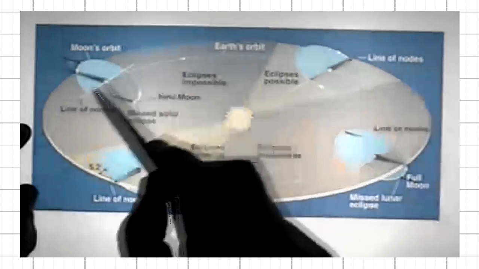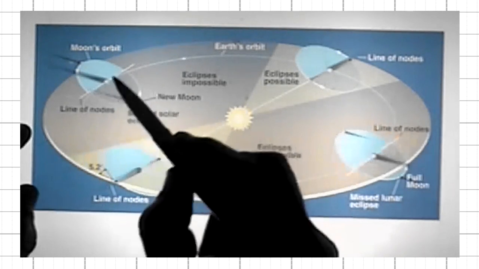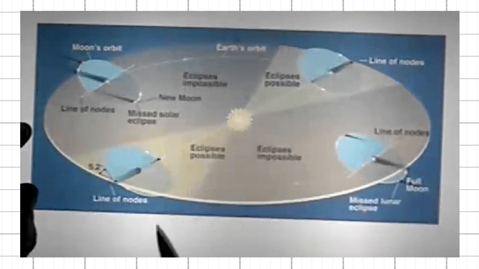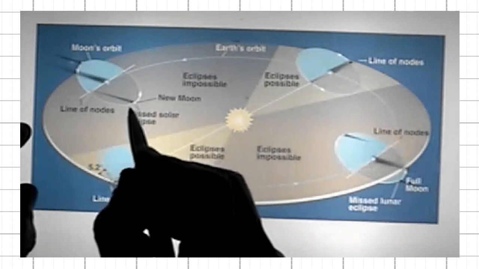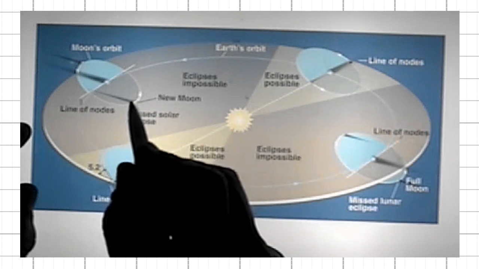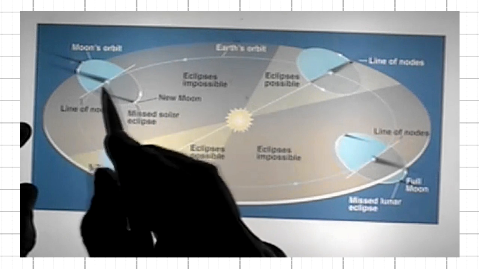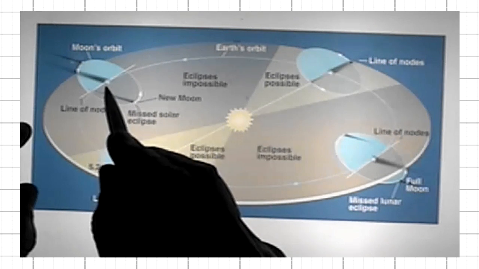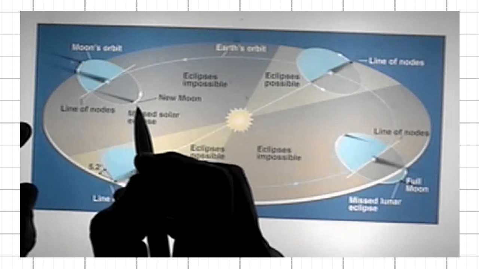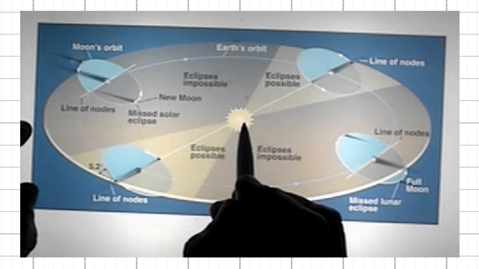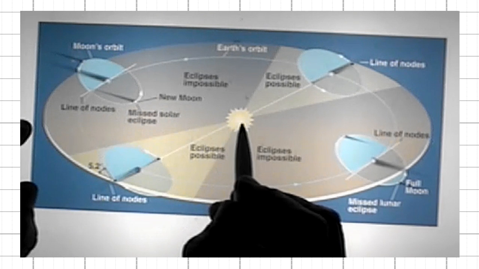For instance, here, the line of nodes is not pointing towards the sun. So what happens is that when the moon is at this location, its shadow misses the Earth, right? And therefore, it's not possible to observe the solar eclipse.